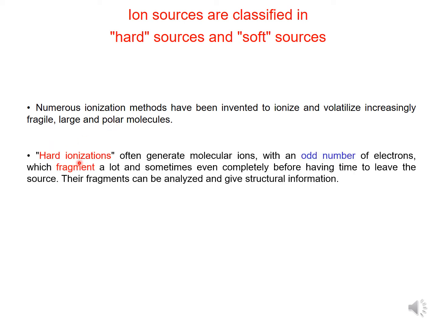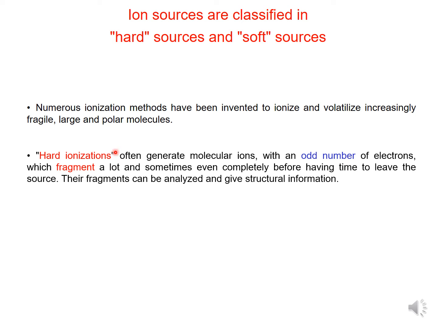The hard ionization often generates molecular ions with an odd number of electrons, which fragment a lot and sometimes even completely before having time to leave the source. Their fragments can be analyzed and give structural information. So it is possible to have hard ionization, hard ion sources.